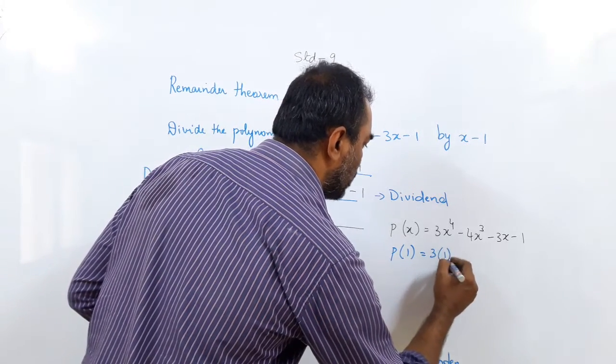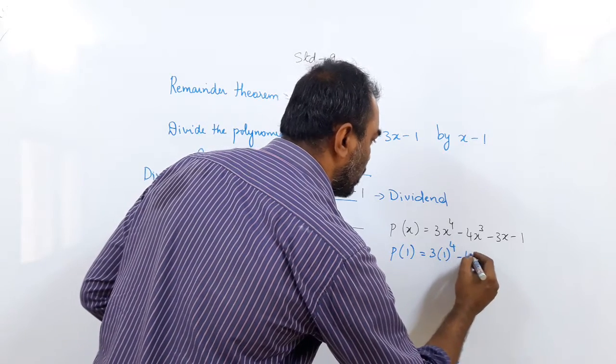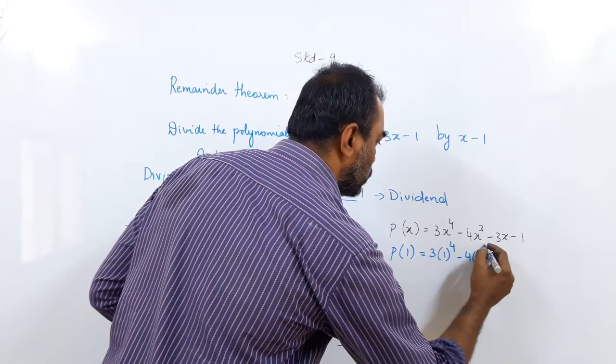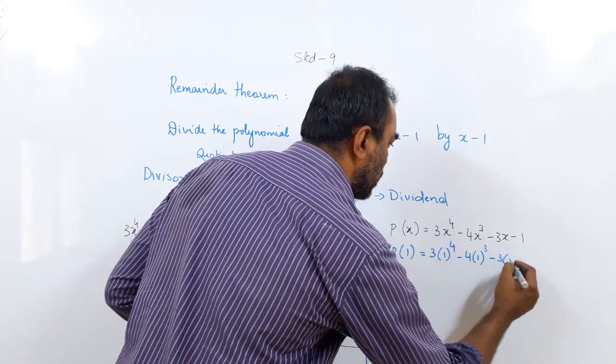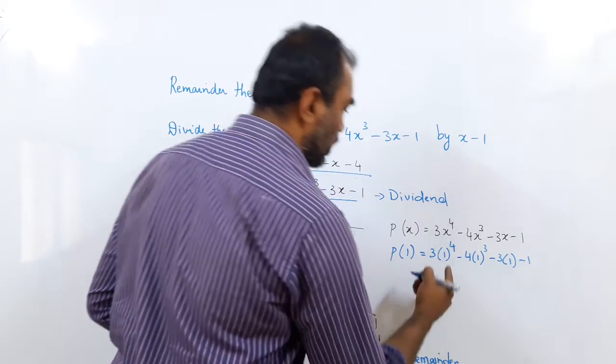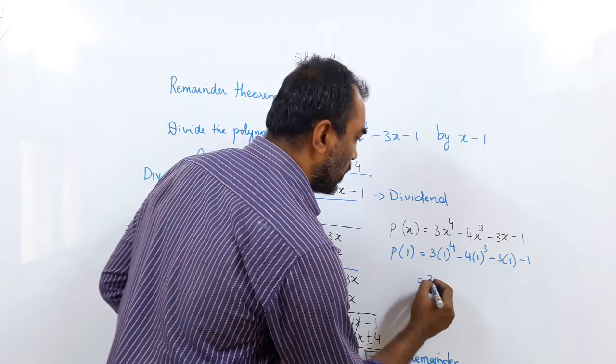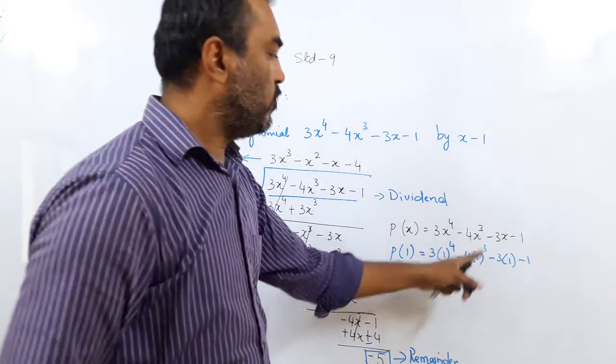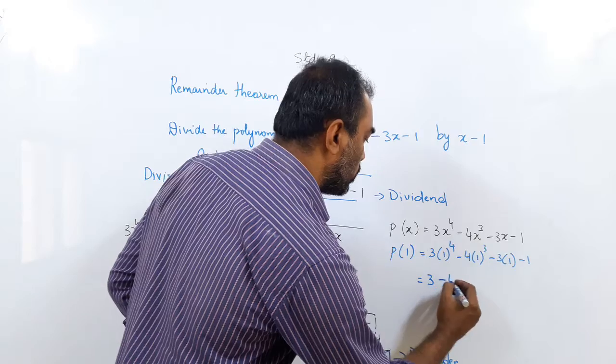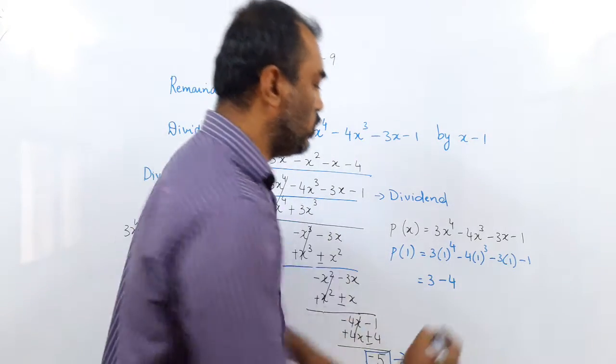So 3 into 1 raised to 4 minus 4 into 1 raised to 3 minus 3 into 1 minus 1. 1 raised to 4 is 1. I get 3 minus 1 cube is 1 into 4 minus 3 into 1.